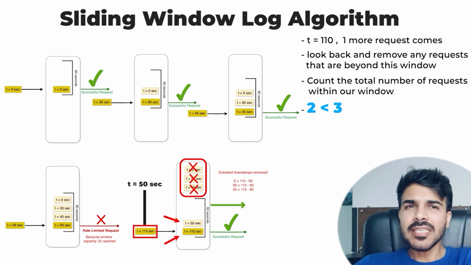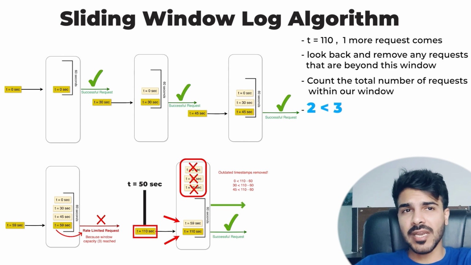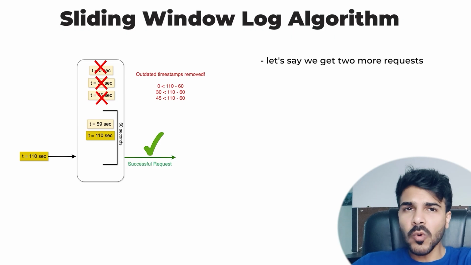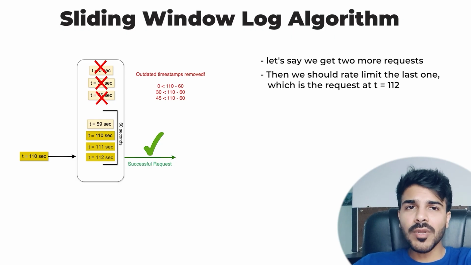Now you can see that even though T is equal to 59 was a rate limited request, it still contributes to the request count in our sliding window, which should be the case because if let's say we get 2 more requests, hypothetically at T is equal to 111 and T is equal to 112, then we should rate limit the last one, which is the request at T is equal to 112.